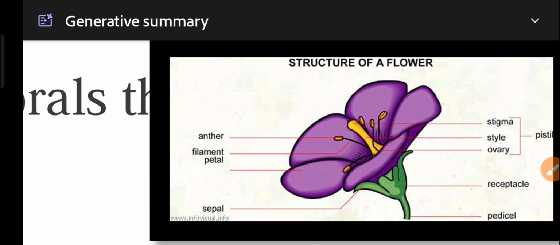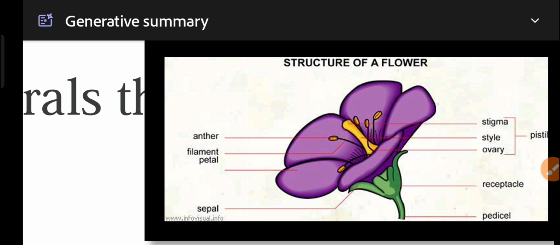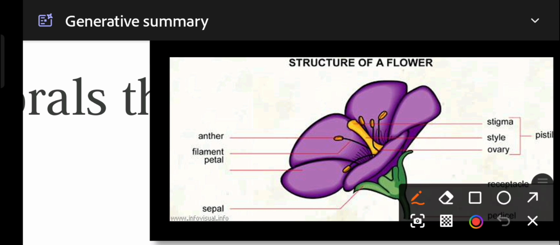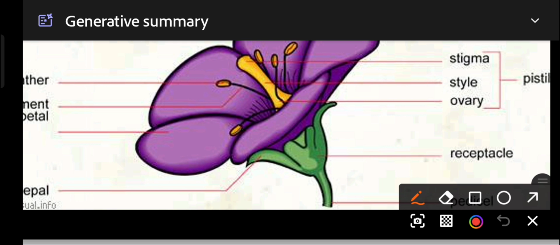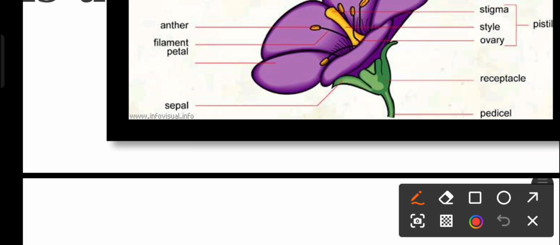A typical flower can be subdivided into what? Three main parts. The first one is the pedicel. So what is the pedicel? See, the pedicel is the supportive structure.